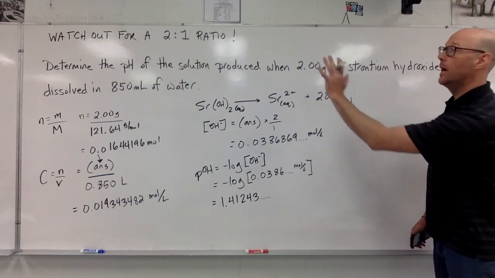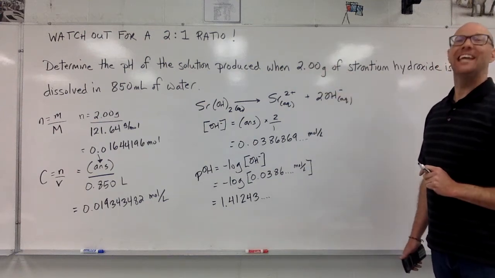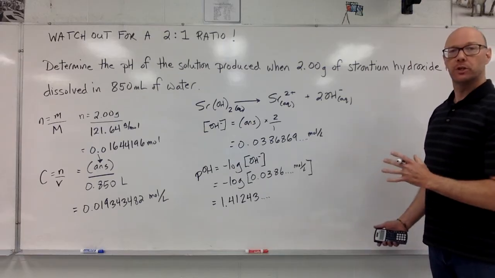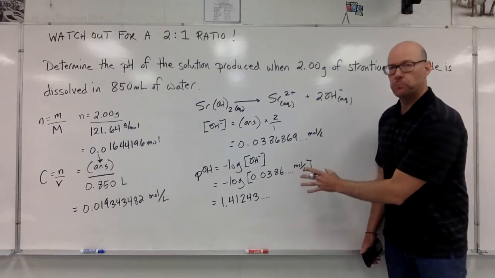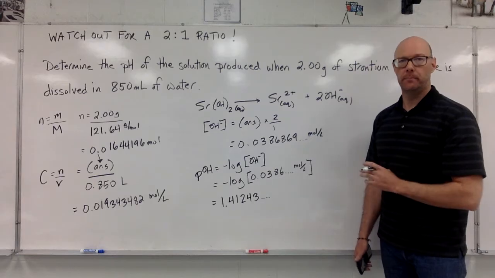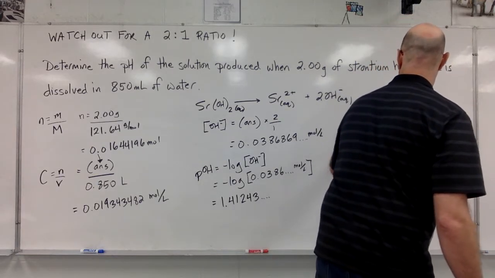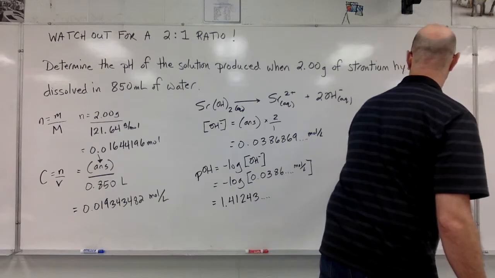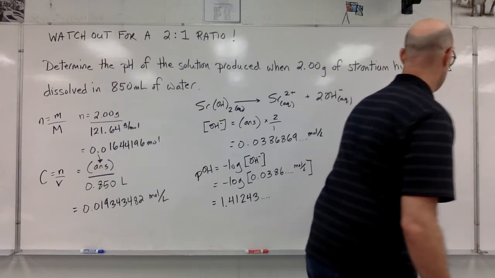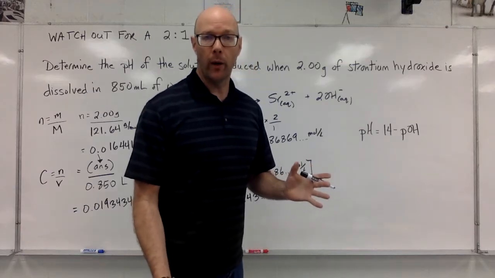However, in the end, I'm being asked for the pH. So we have one more step to go, and it's to convert this pOH into a pH. And the pH is equal to 14 subtract the pOH.